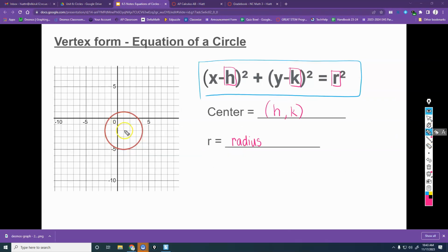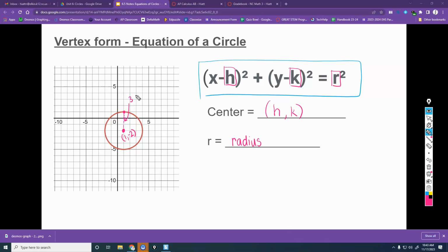All right, so the center of this circle right here will be right there. It is 1, -2 is the center of that circle. And the radius is the distance from the center to the edge, which is going to be 3 for the circle.